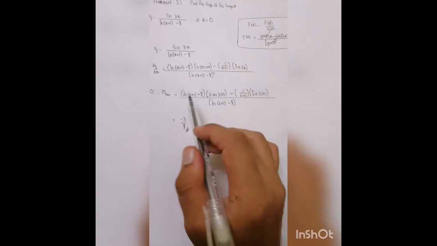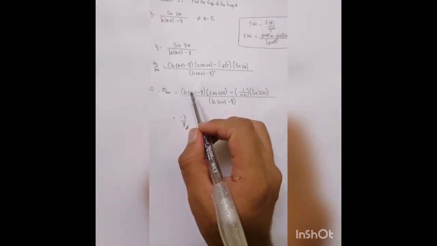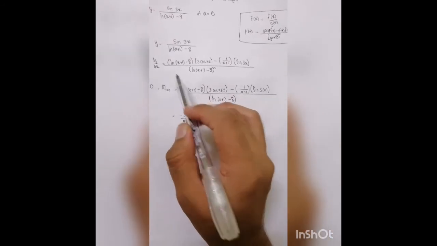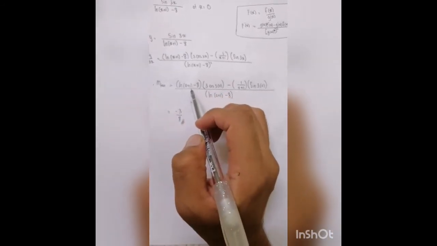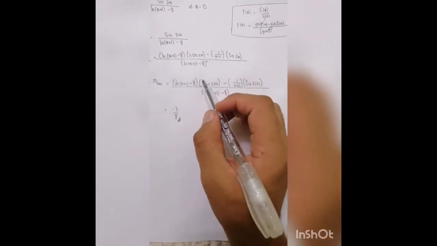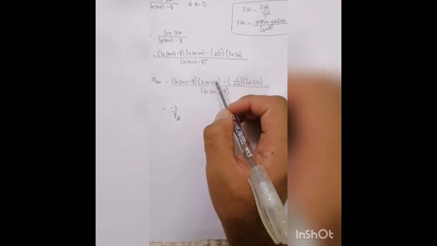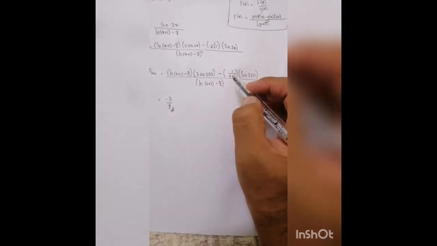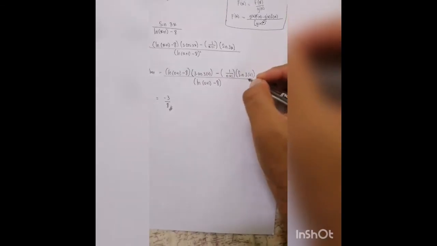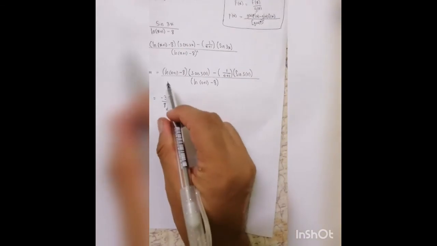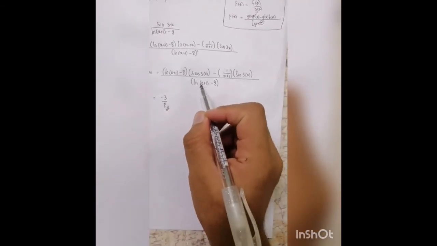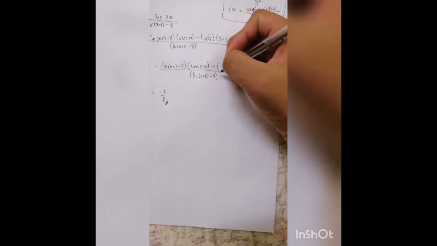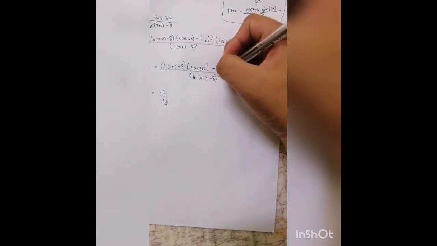We substitute x equals 0, so ln(0 plus 1) minus 8, times 3 cos 3 times 0, minus 1 over (0 plus 1) times sin 3 times 0, over ln(0 plus 1) minus 8, squared.